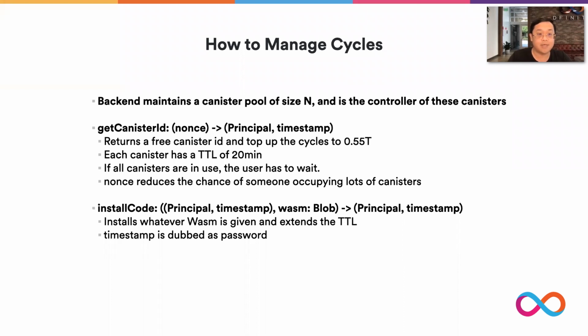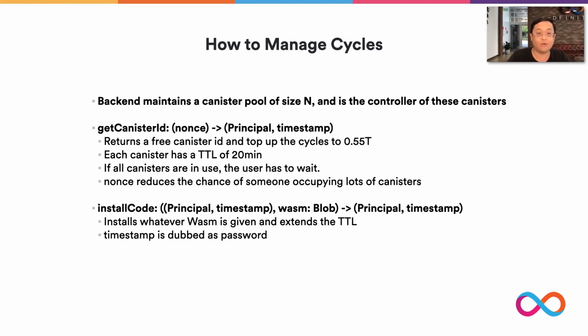And then the second API is, given a canister ID, I want to install a WebAssembly module, which is where we use install code. But because everyone can call this method, we don't want someone to call someone else's canister while they're still using it and replace the WebAssembly module.